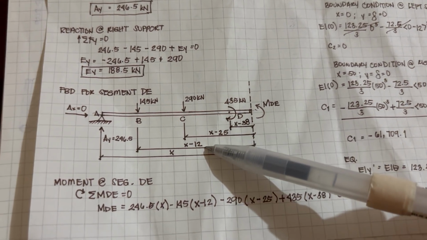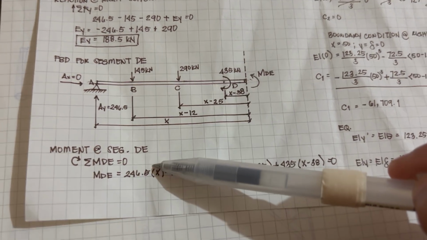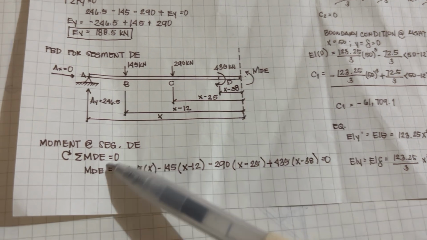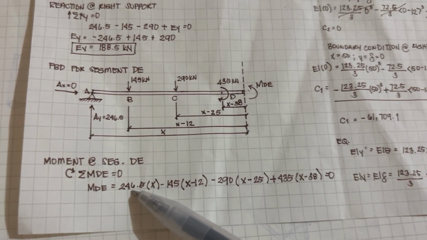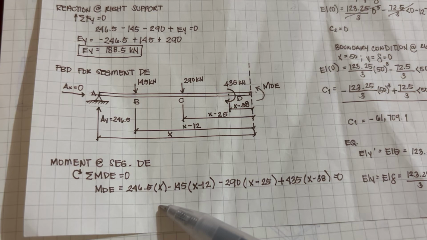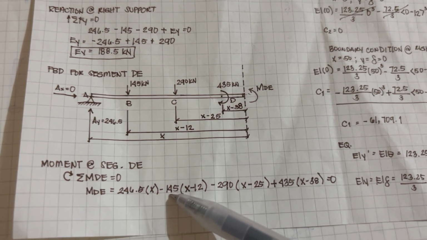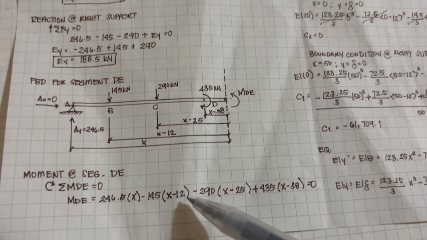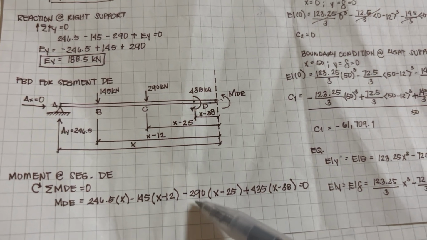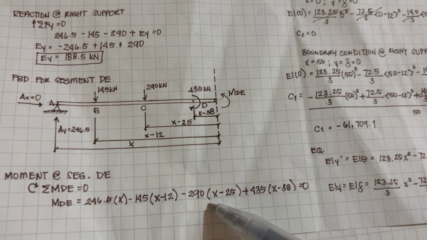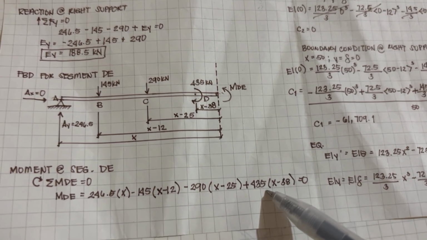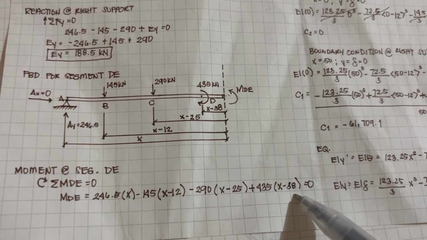We'll now get the moment of segment DE, wherein the moment DE, we have positive 246.5 kilonewtons times x minus 145 times x minus 12, and then we have minus 290 times x minus 25 and plus 435 times x minus 38 equals 0.